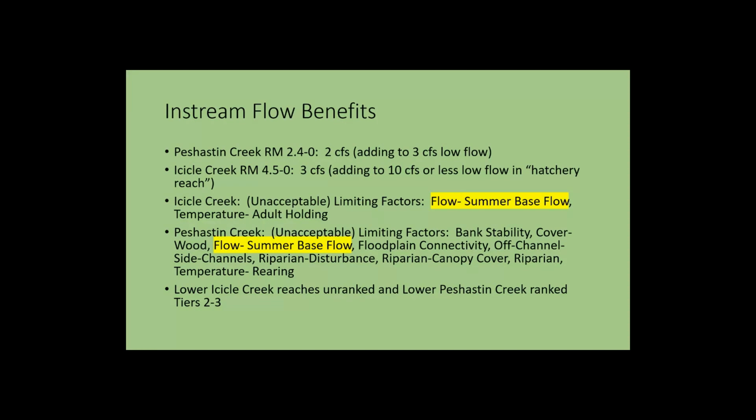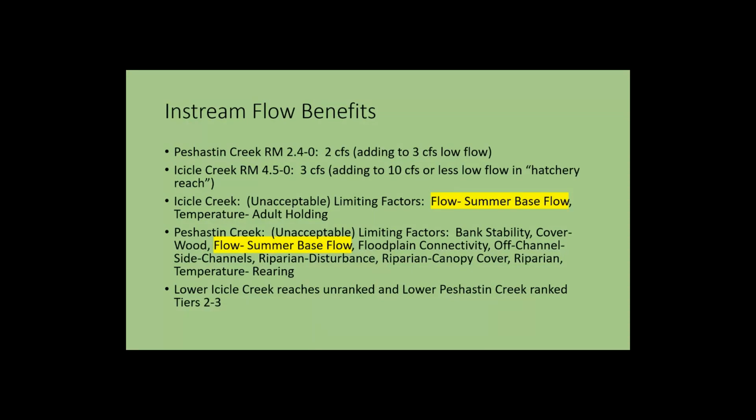In terms of biological priorities, for Icicle Creek the limiting factors include summer base flow. For Peshastin Creek, the limiting factors include summer base flow, as well as a host of other problems in lower Peshastin Creek, I think largely due to the highway construction that we're all familiar with.